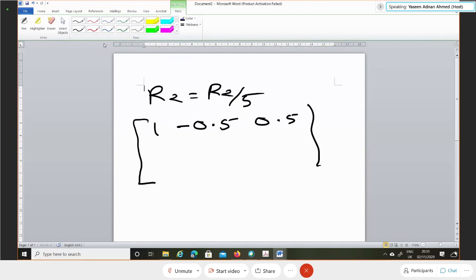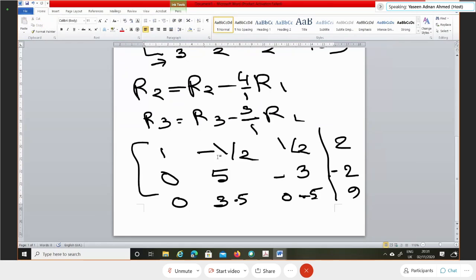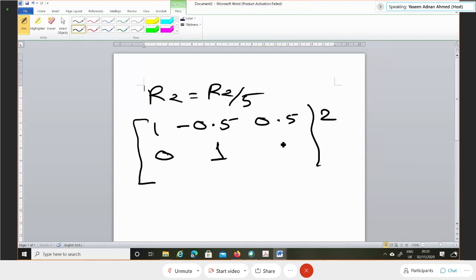This is 2, 2, okay. In this case, you will have 0. Of course, 0, this should be 1. This one should be minus 3 by 5, minus 2 by 5.